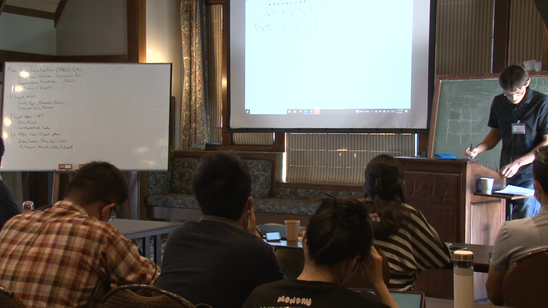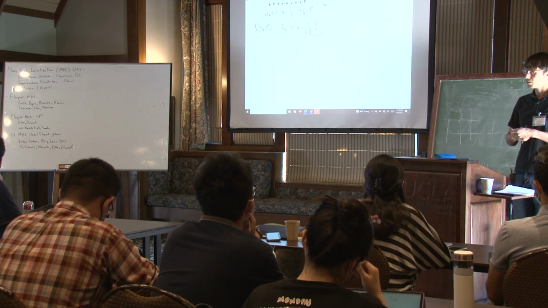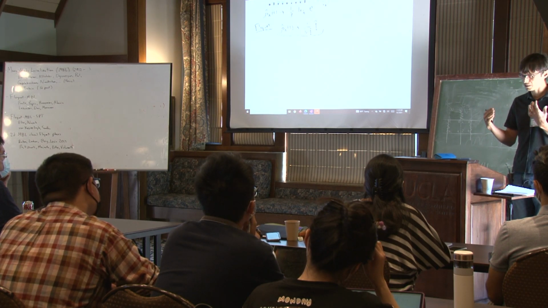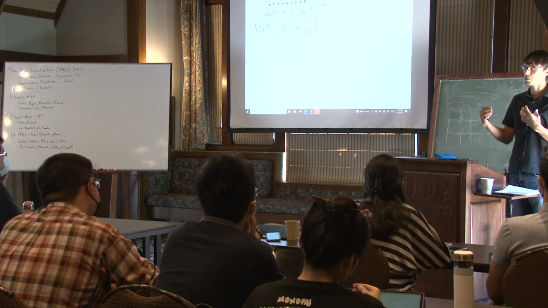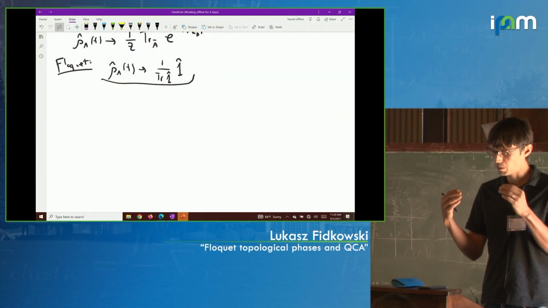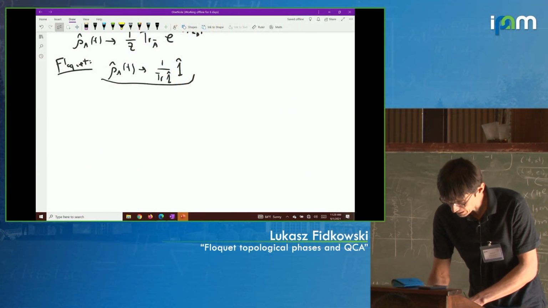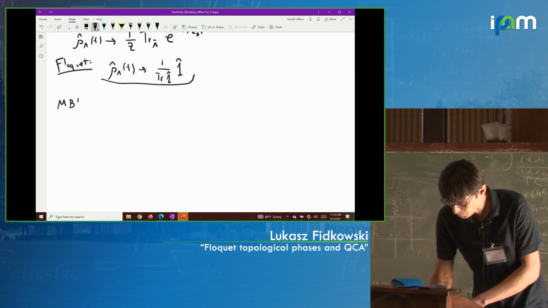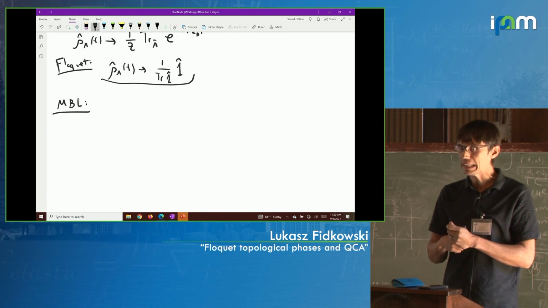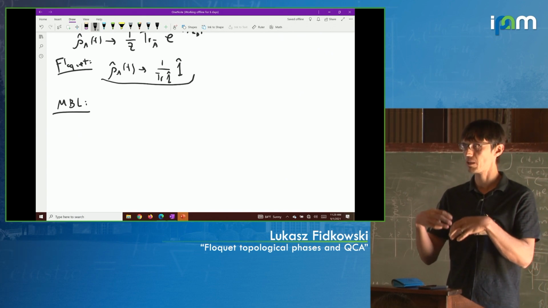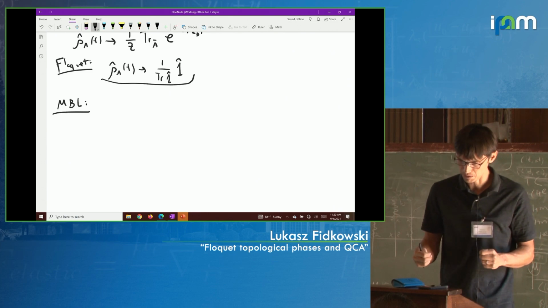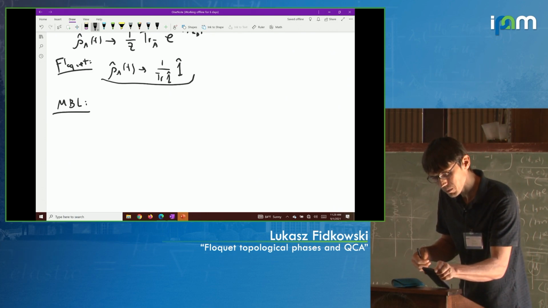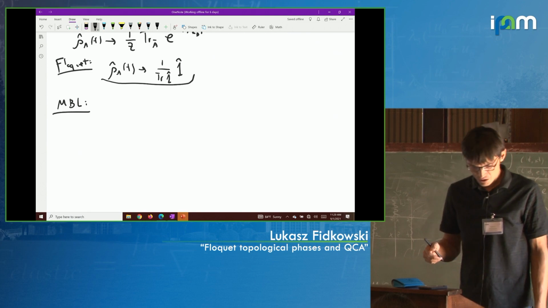Let me just describe the essence of this idea of many-body localization, and let me start by talking about the time-independent case. There's a time-dependent Floquet version, and there's a time-independent version. Let me see how much time I have.